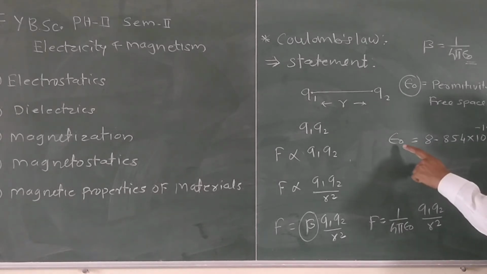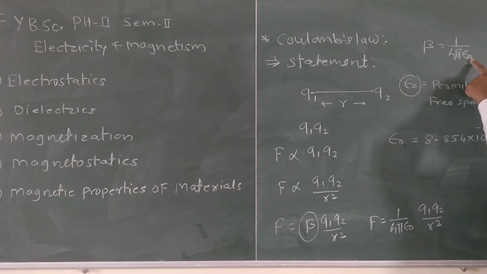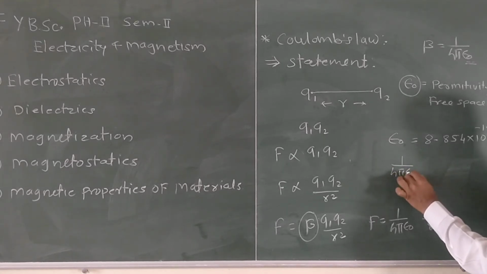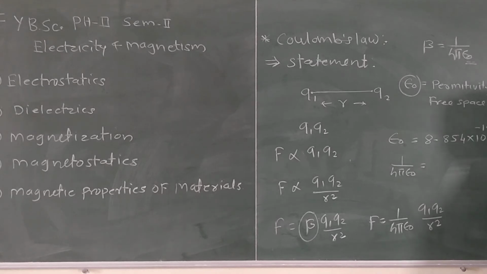When we substitute the value of epsilon naught in this equation, so this 1 upon 4 pi epsilon naught total value we have to write here. Now if we substitute the value of epsilon naught here, and here is 4 pi, so the total calculation we get 8.98 into 10 raised to 9 Newton meter square per Coulomb square.